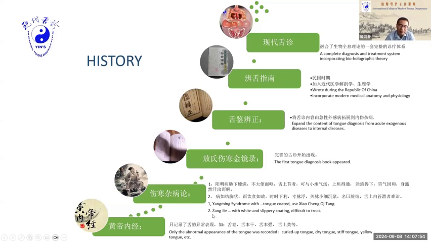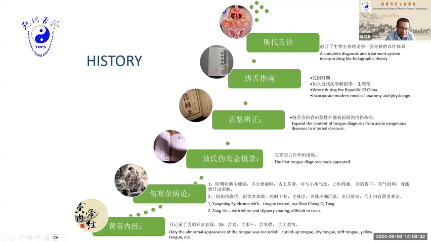Or another paragraph writes, Zangjie with white and slippery coating, so difficult to treat. That means Master Zhang used the tongue as a diagnosis method, but just for support, not the main diagnosis method. In his book, the main diagnosis method is still pulse reading.